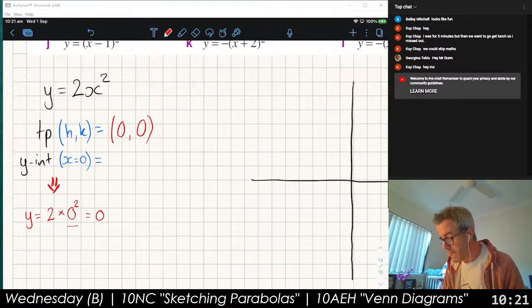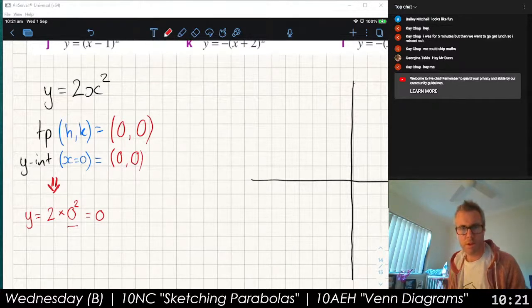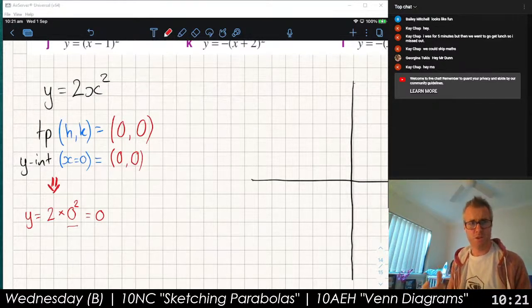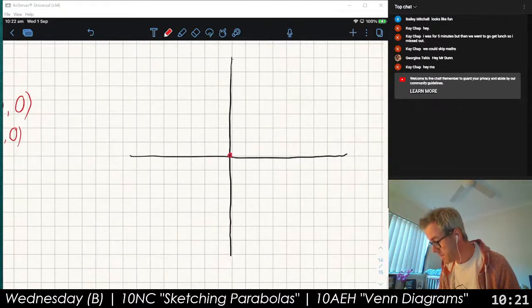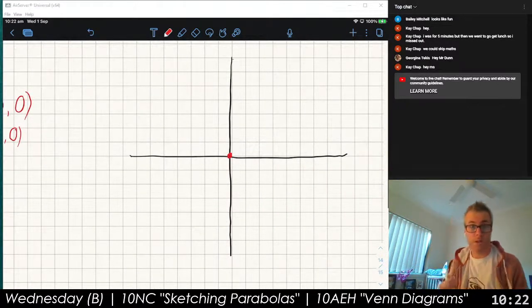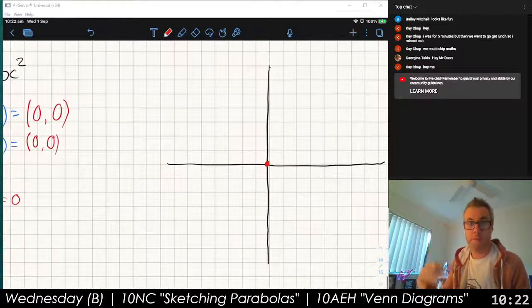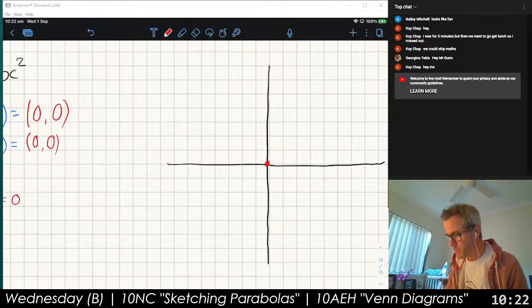So my y-intercept, of course, is 0, 0, like so. That's strange. Both my turning point and my y-intercept are right here. Well, it shouldn't be strange, because literally the moment before, we plotted our parabola and we saw what it was.